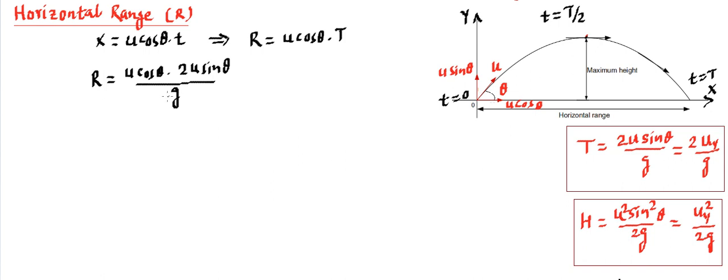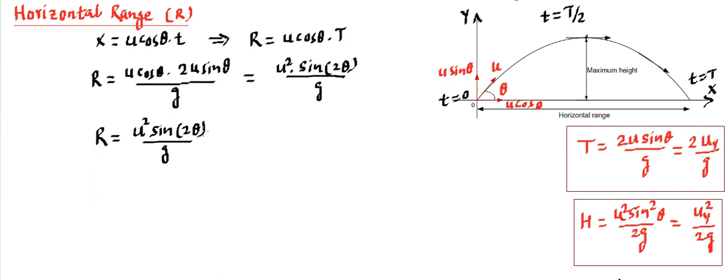So it becomes u square 2 sine theta cos theta divided by g, which will become u square sine 2 theta divided by g. So that becomes the horizontal range. So the horizontal range expression that we are getting is u square, that means initial velocity square, sine twice the angle at which you are throwing it, divided by g, the acceleration due to gravity.